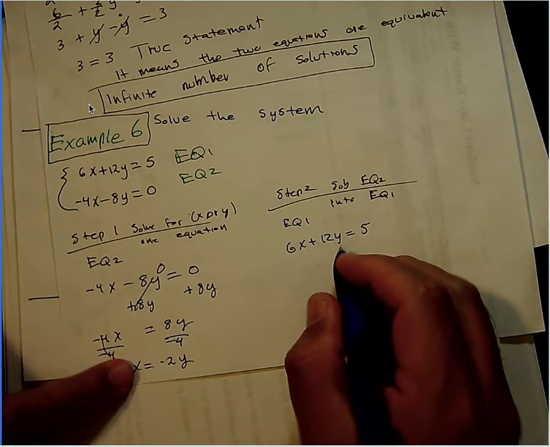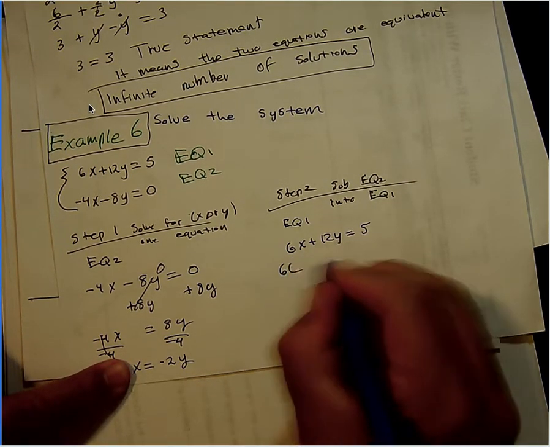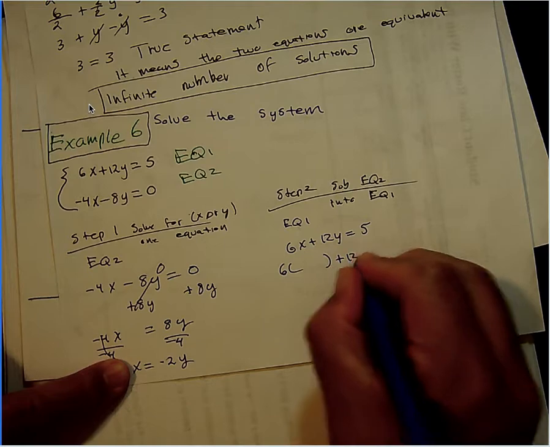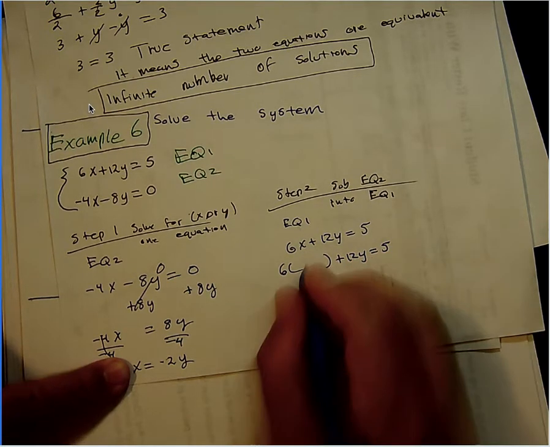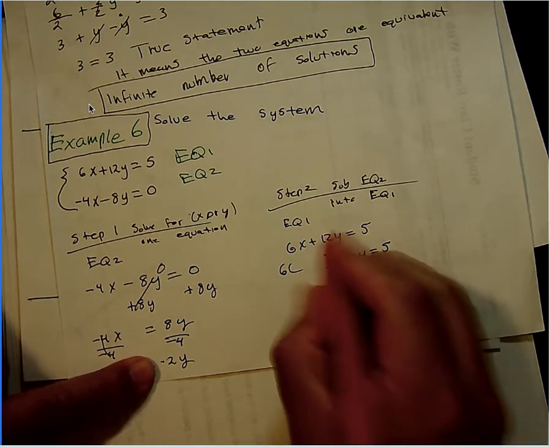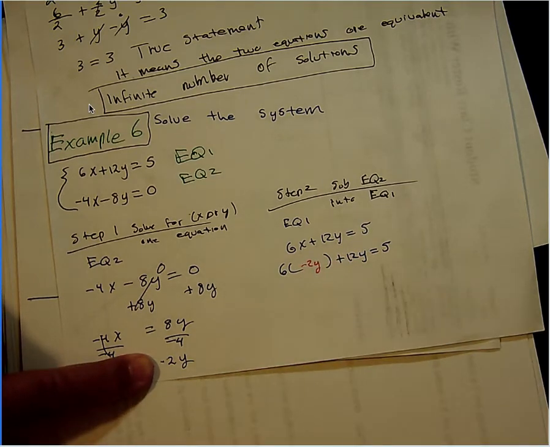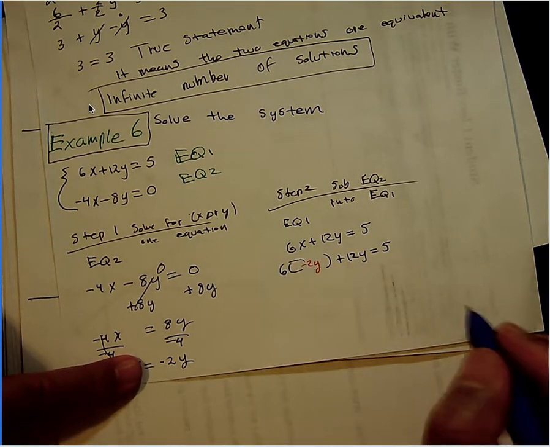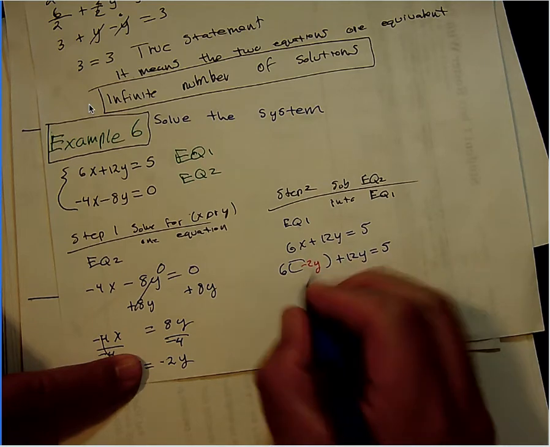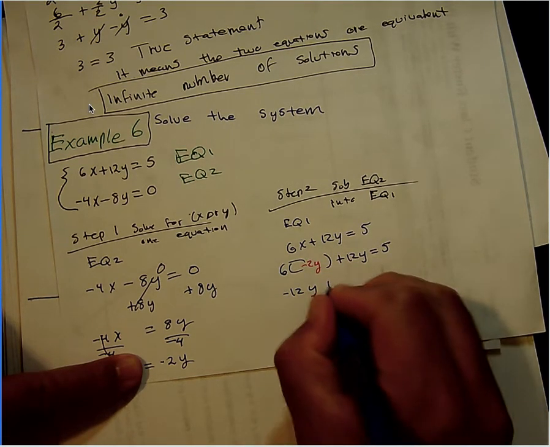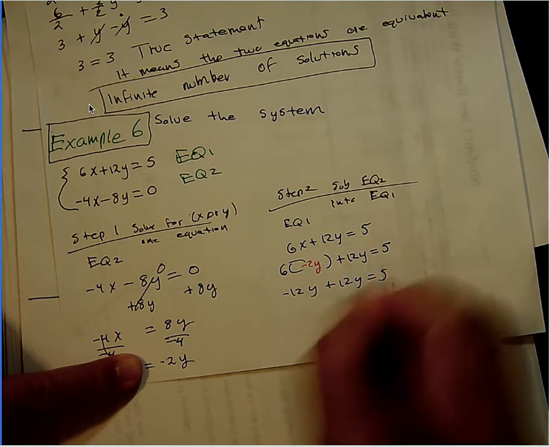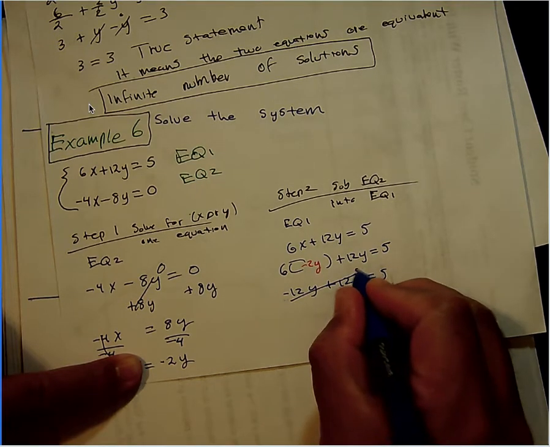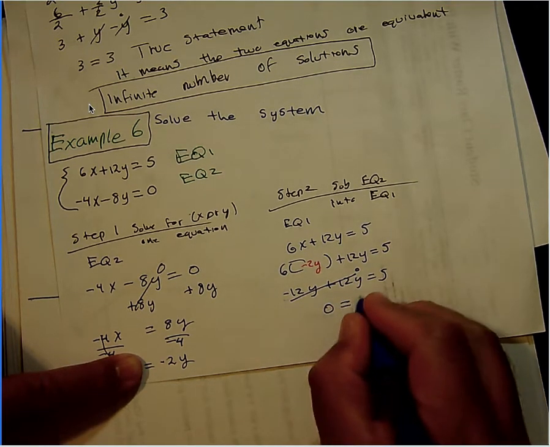So we're substituting for x, so you're going to put 6 times parentheses plus 12y equals 5, and then what goes inside is negative 2y. So distribute 6 times 2, negative 12y plus 12y equals 5. So these two become 0, so you get 0 equals 5.